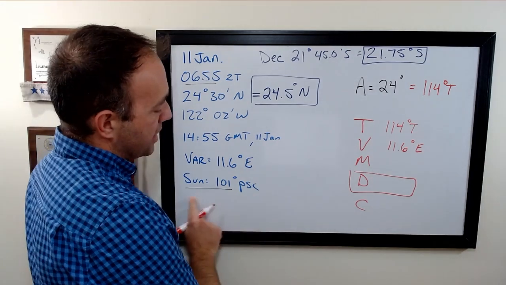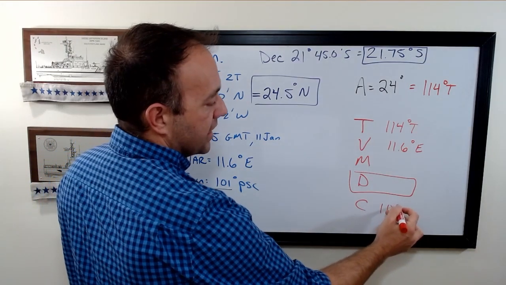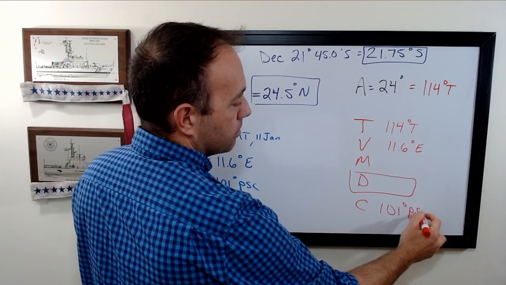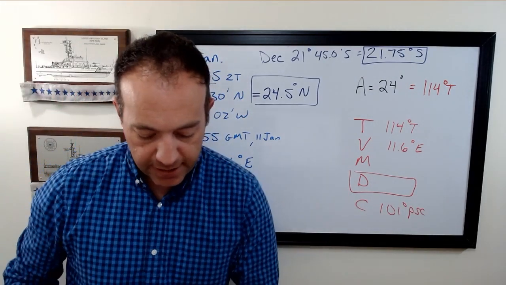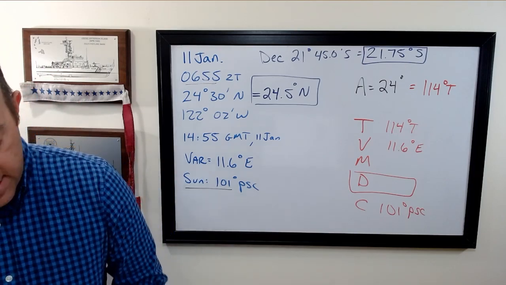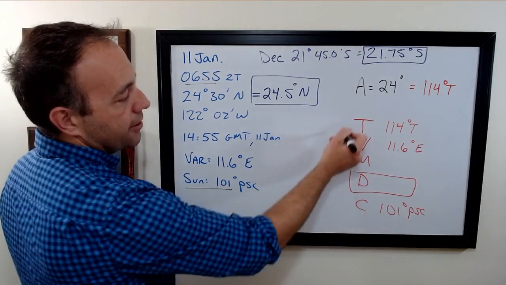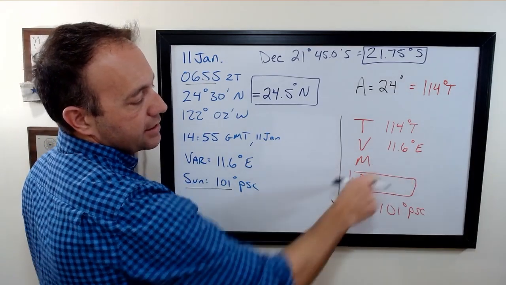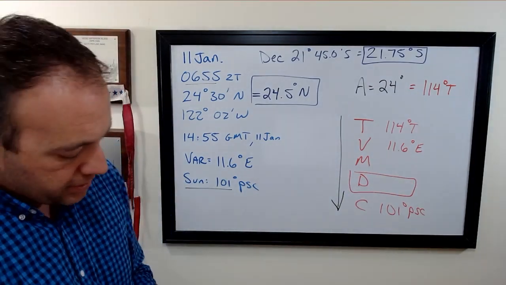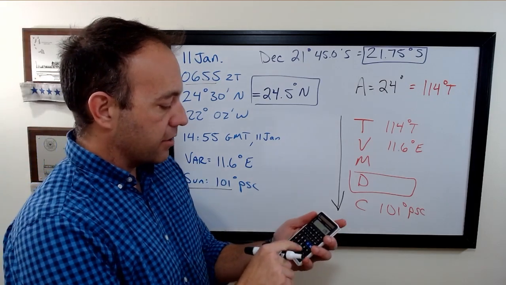Our compass was measured at 101 degrees PSC, and now we can try to find the deviation in the magnetic compass. If we do this out, just remember, if you're working your acronym this way, you're adding westerly things and subtracting easterly things. So rather than embarrass myself on camera, I'll use a calculator for this one.